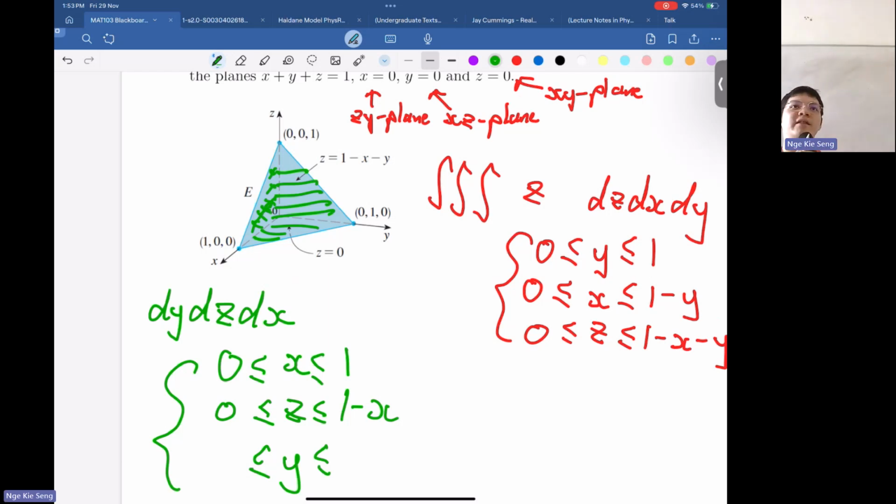Again, still controlled by the plane equation. So it goes from 0 to, what's the plane equation here? 1 minus z minus x. Yeah. So a very good exercise. How many ways? 4 more ways. Write them up. I will provide them in my lecture notes.